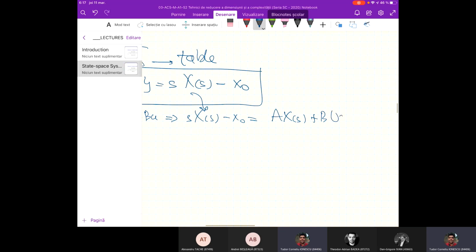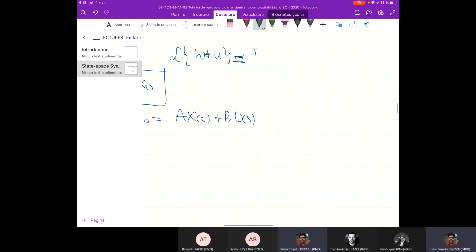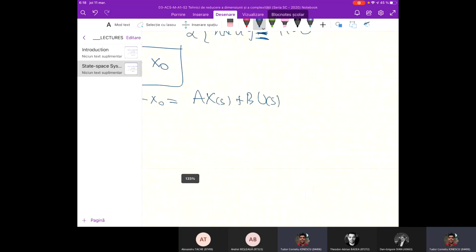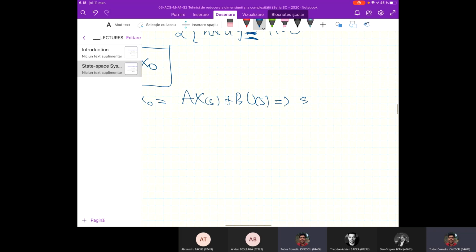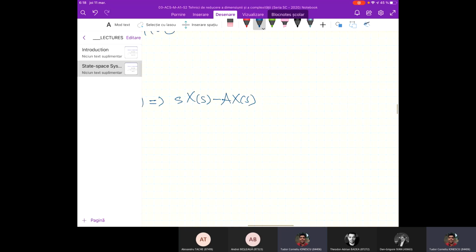And one other very important thing: the Laplace of the convolution is the product of the Laplace transforms. That's why we use the Laplace transform. This is the very important property. So you get sX of s minus AX of s equals x0 plus BU of s.